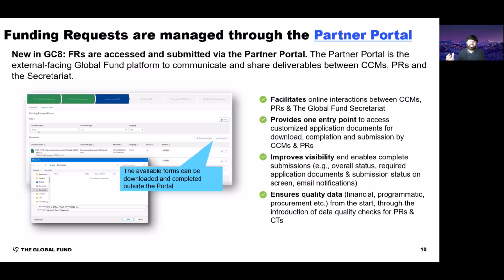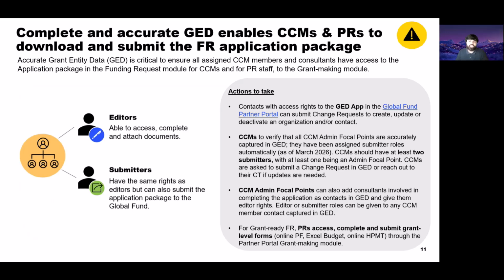This partner portal really is an external facing Global Fund platform that CCMs can use to communicate and share deliverables with the Global Fund, of course, including the PRs in case of grant ready funding requests. And again, we will cover a bit more information.